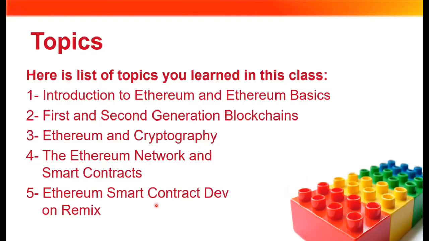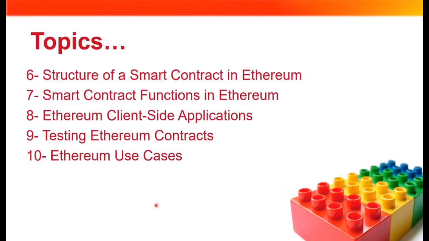And then we moved to Ethereum smart contract development on Remix and the structure of a smart contract on Ethereum and the functions in the Ethereum smart contract, building the client-side applications or the web front end to an Ethereum distributed application. We deployed our Ethereum distributed application and ran our Ethereum distributed application, or sometimes it's called a dApp. We tested and redeployed our Ethereum distributed application. And then we looked at Ethereum use cases.